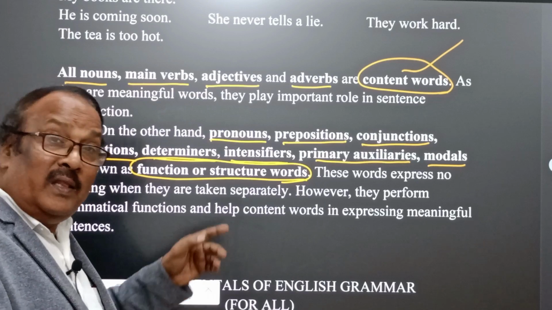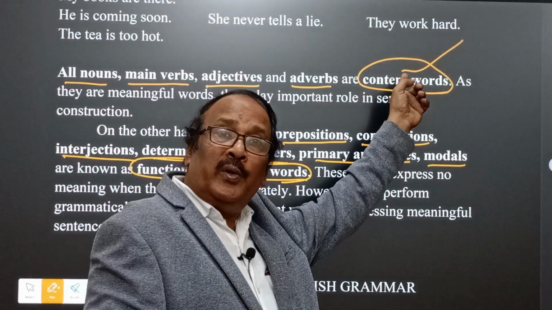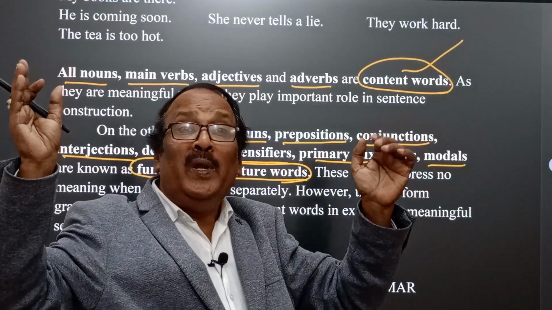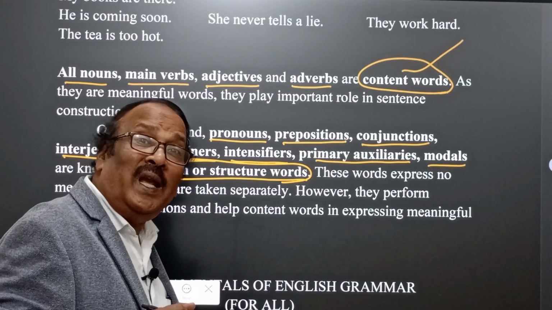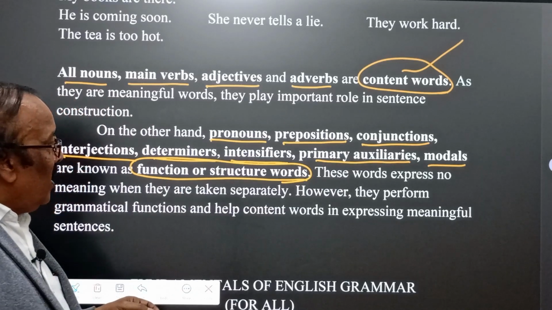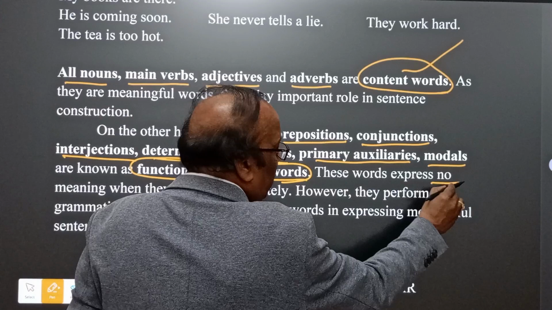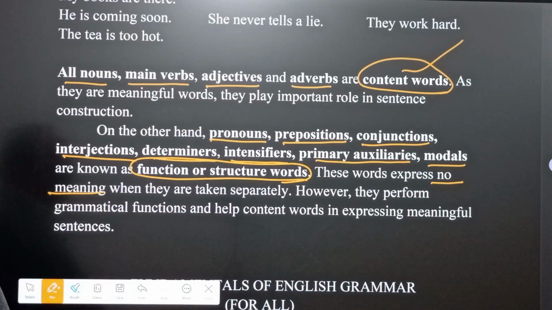And they are very helpful to support the content words in expressing proper meaning in a sentence, clause or phrase. Now these words express no meaning when they are taken separately. Underline no meaning. However, they perform grammatical function and help content words in expressing meaningful sentences.